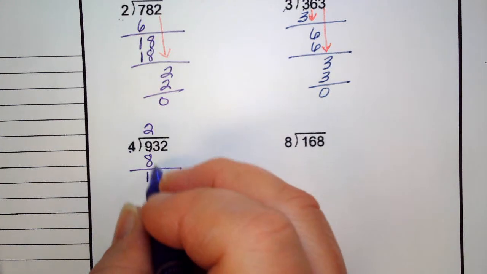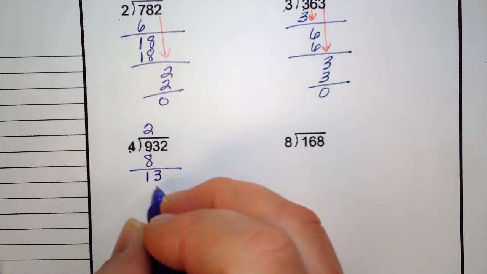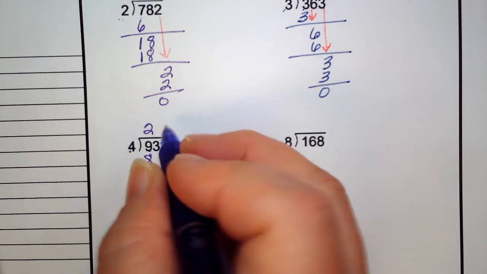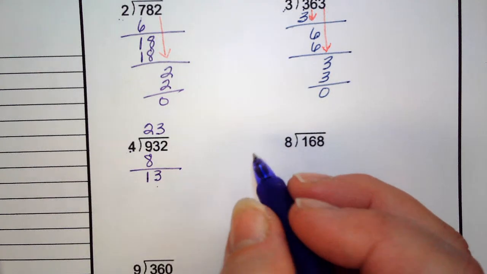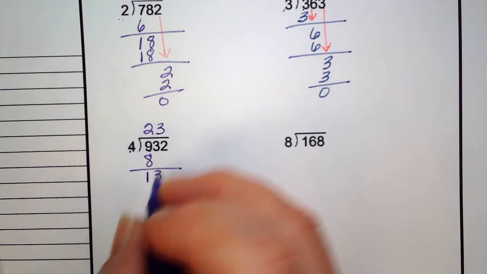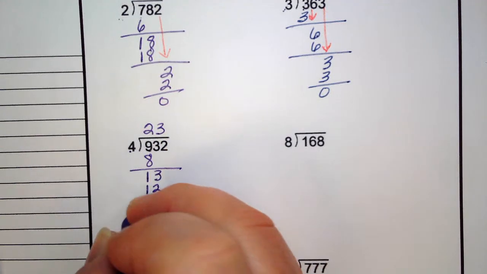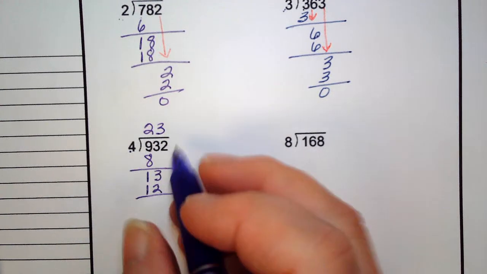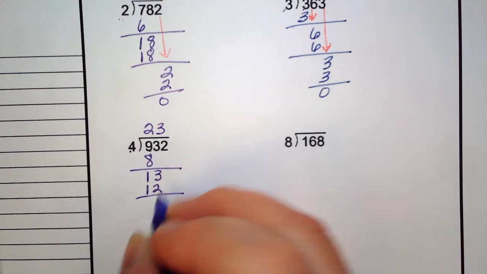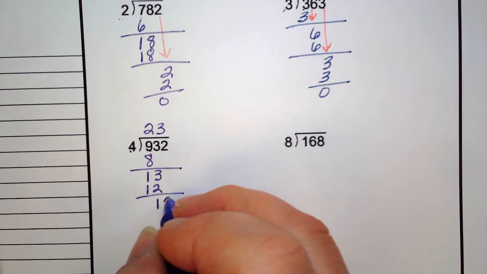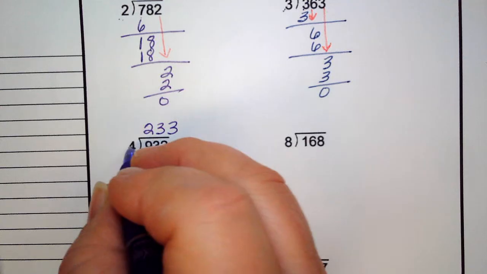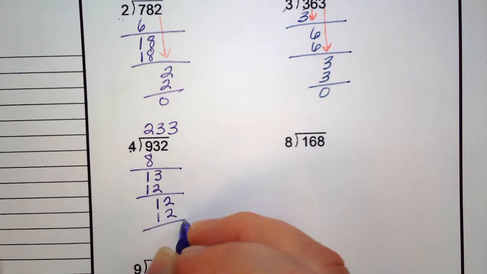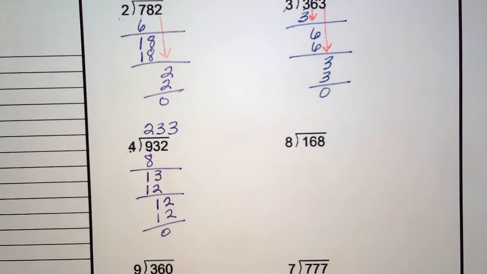Bring down that 3. 13 divided by 4 is 3. It'll go into 12, but not into 13. 3 times 4 is 12. Subtract. 13 minus 12 is 1. Bring down that other 2. 12 divided by 4 is 3. 3 times 4 is 12. My remainder is 0.